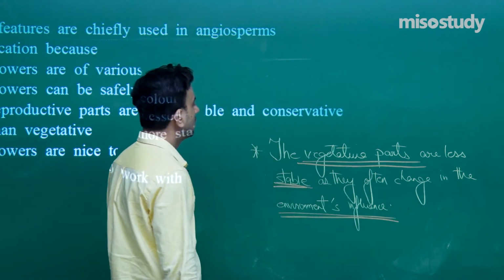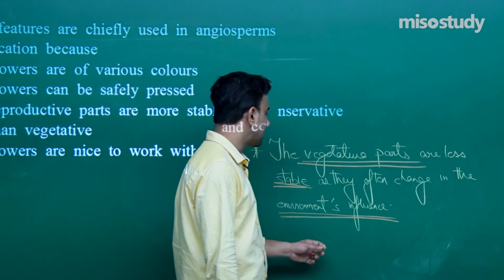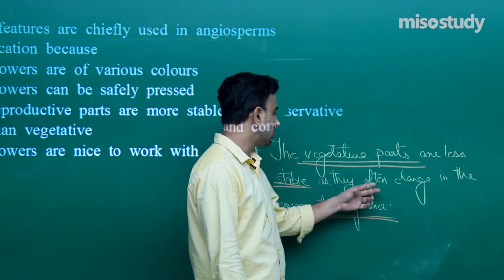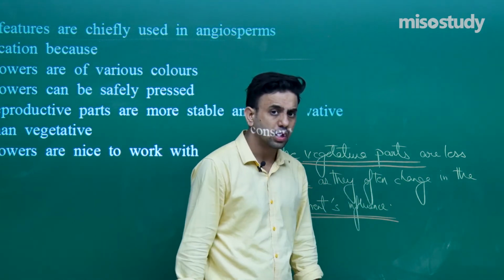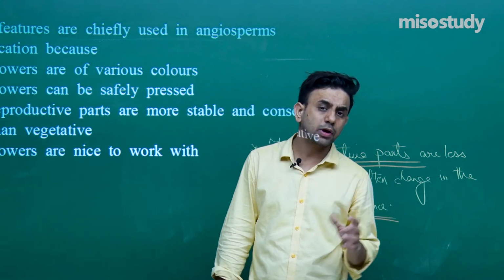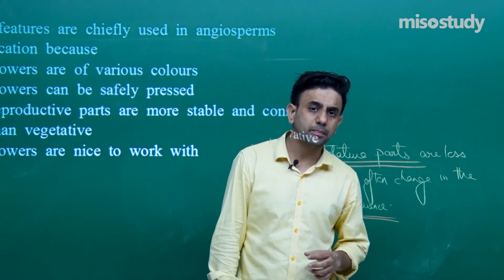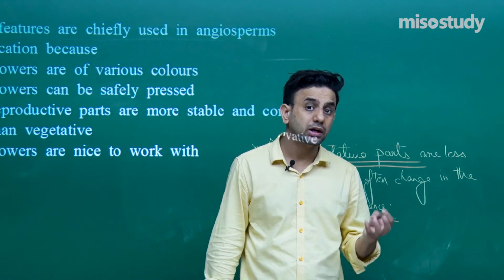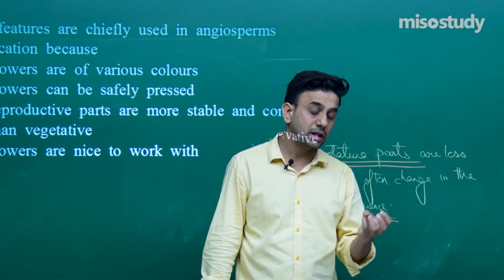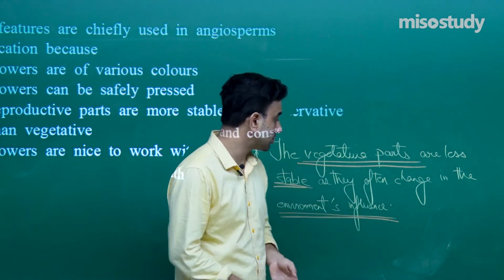The vegetative parts are less stable as they often change under the environment's influence. But what is the reproductive part of a plant? The flower, the floral feature, and in the flower the reproductive parts are the male and the female, that is the androecium and the gynoecium.